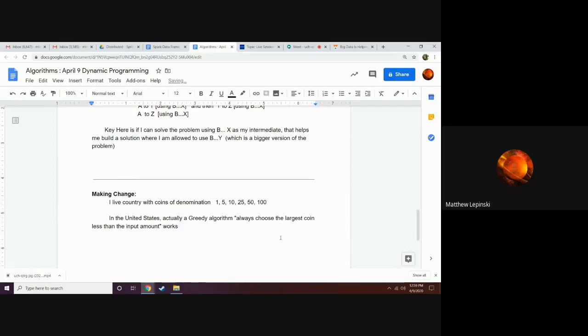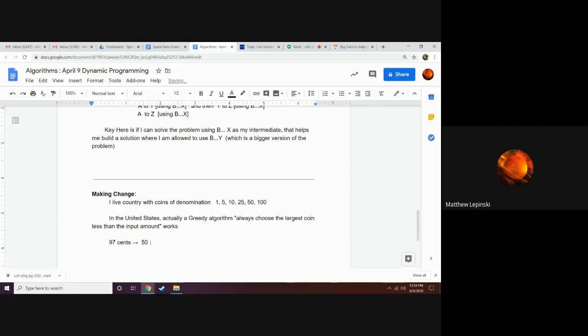So in the United States, if I want to change 97 cents, I go, okay, what is the largest denomination of coin? It's a 50-cent piece.